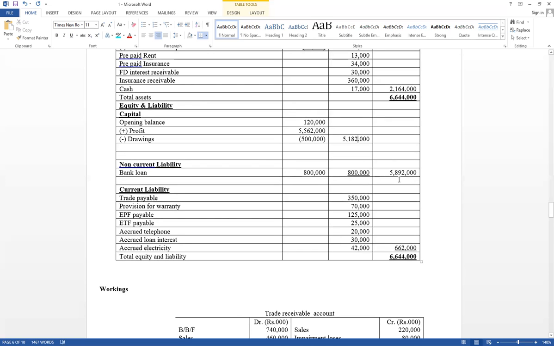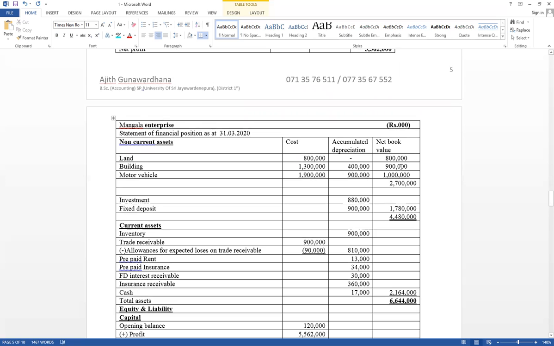Then plus 800, 5,982. Then plus, therefore the total amount equals 6,644. Non-current assets total value. Then investment and fixed deposit total value here.